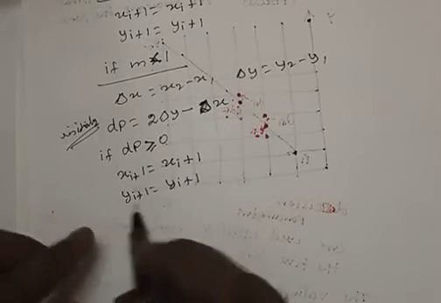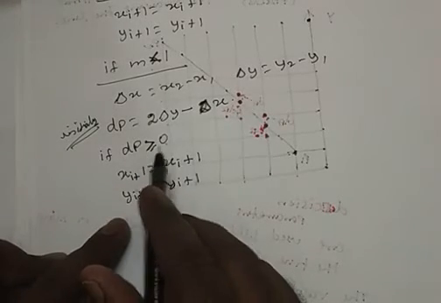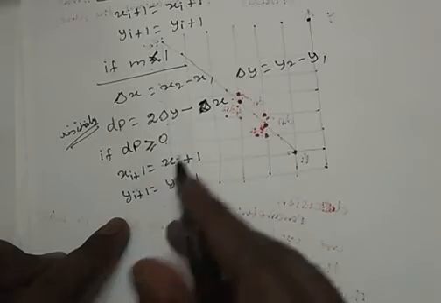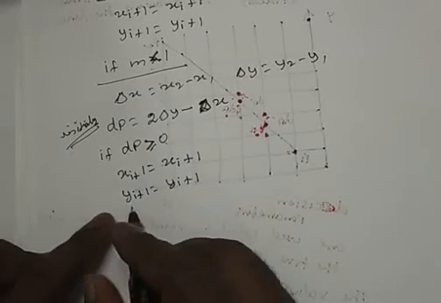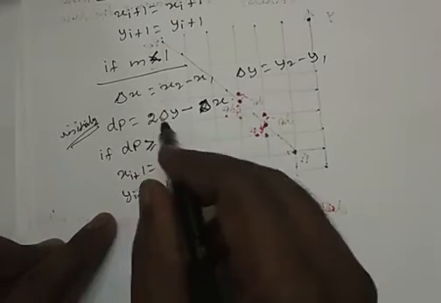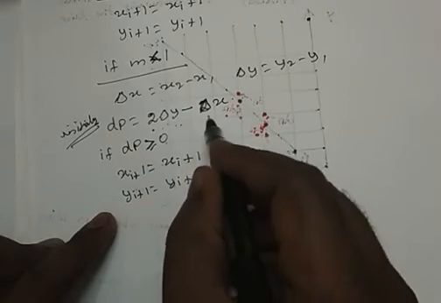Now, whenever the dp value is above 0, you have to compute the dp value once again. Initially, you use the formula 2 delta y minus delta x.